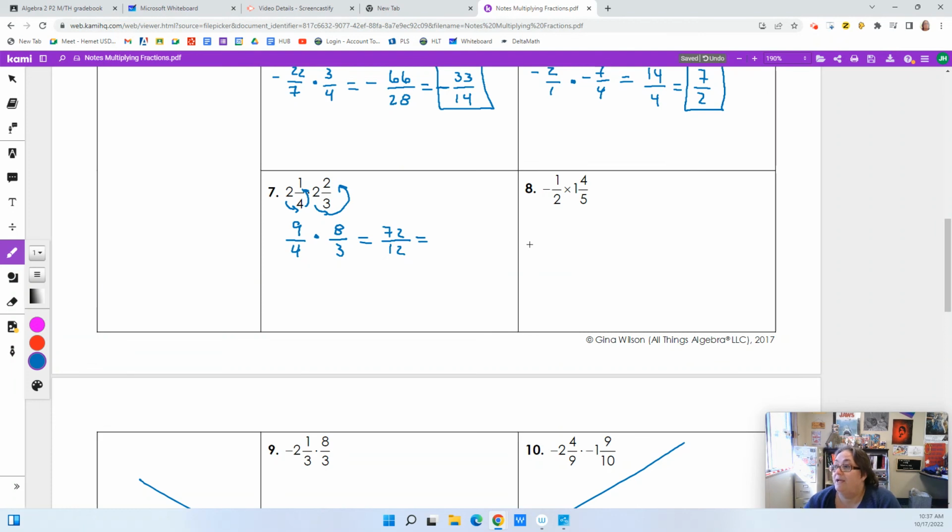72 divided by 2, that would be, is that 36? 12 divided by 2, well, that's 6. Well, let's look at that. Can we simplify that anymore? What's 36 divided by 6?